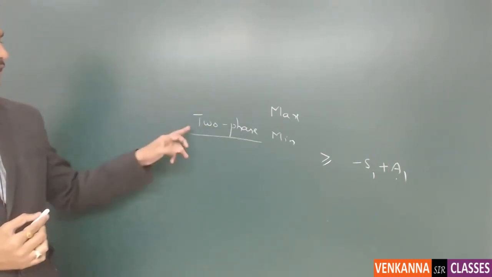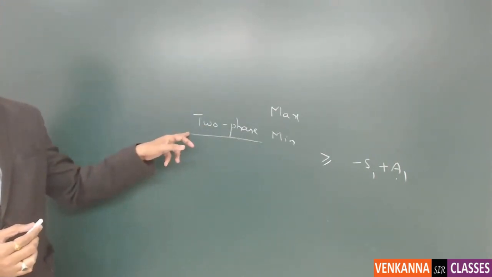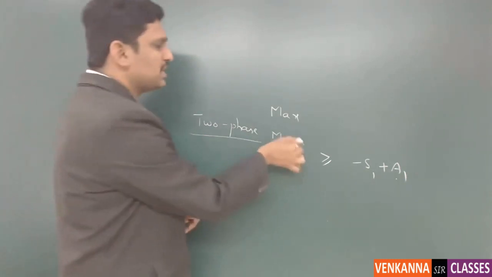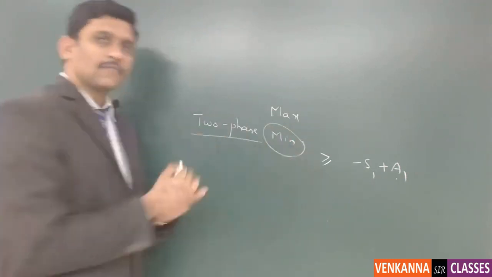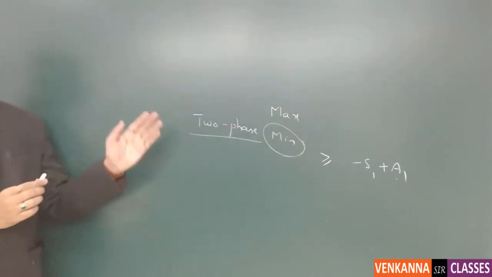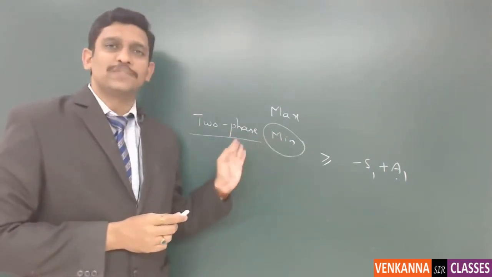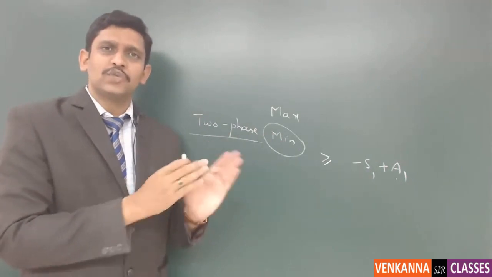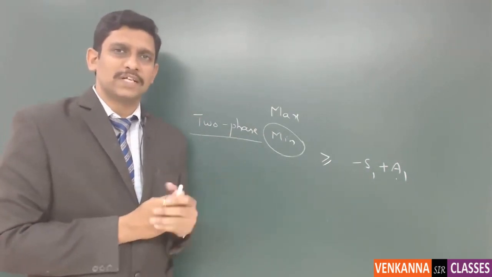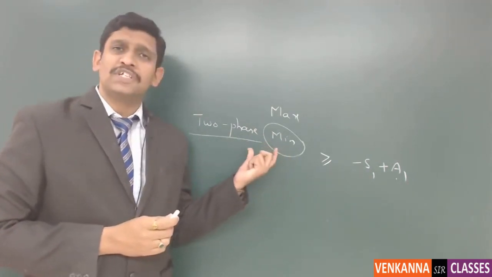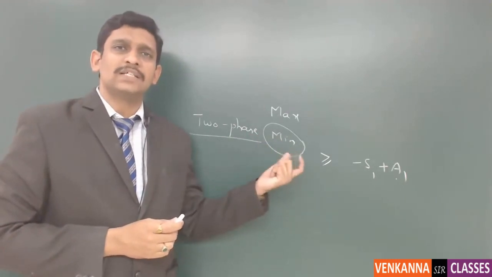In general, we use this method for the minimization case. Whenever the objective function is of minimization case, there we use the two-phase method. For maximization also we can use it, there is no difference at all. And the procedure is described by different authors in different ways.